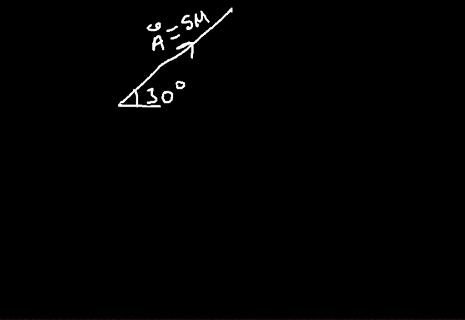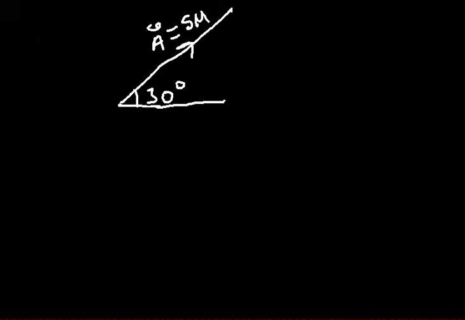And in some cases, let's say we have a vector A with the magnitude given as, let's say, 5 meters at an angle of 30 degrees with respect to the x-axis. So express the vector A in unit vector notation.